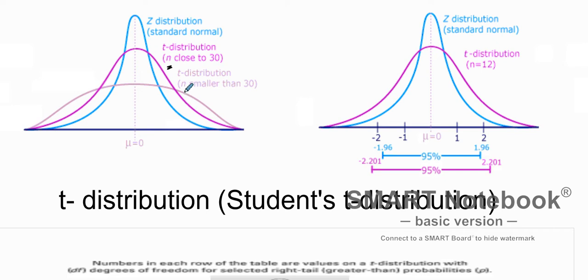When we have n values smaller than 30, it becomes very wide, and that means our margin of error becomes longer. You can see the normal distribution and the t distribution is wider, and it is all predicated upon what the n value is, and that's where we get our degrees of freedom.